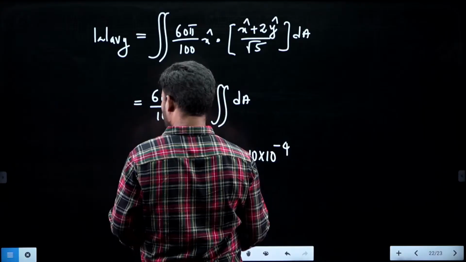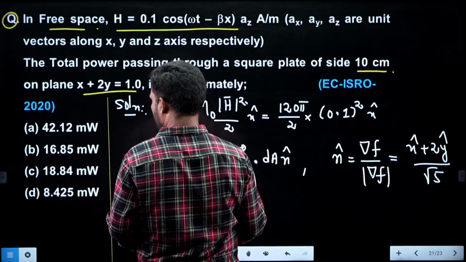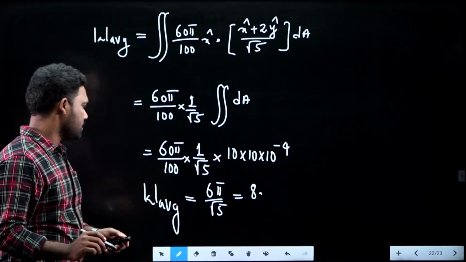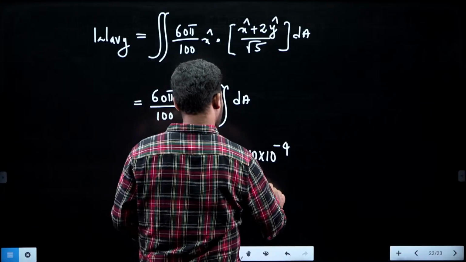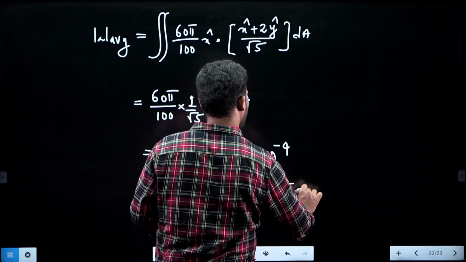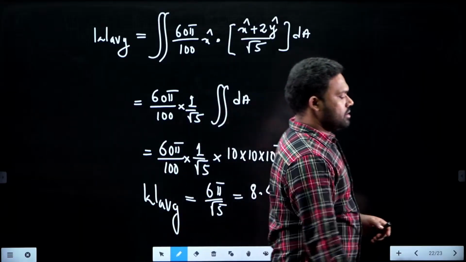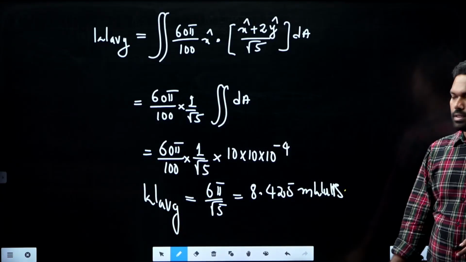From the elimination you can find out that the answer will be less than 18. So it is 8.42425 milliwatts. Okay, that is how you can eliminate from the options.